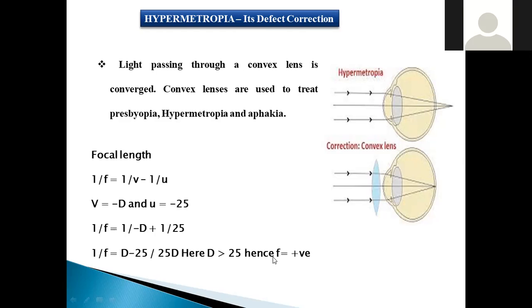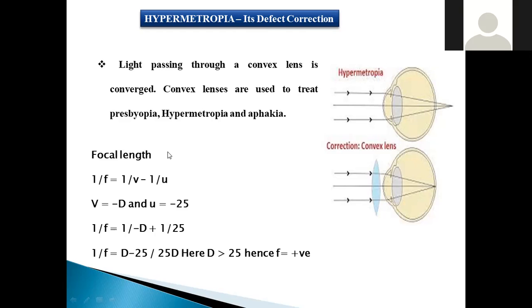So in that case, the F value becomes positive, because D is always greater than 25. So 25 is the minimum vision distance from the human eye. D is always greater than that, because far objects are clearly visible to hypermetropia patients. So this is about the calculation of focal length.